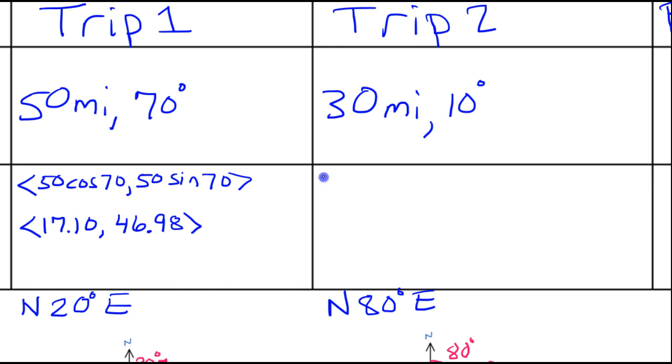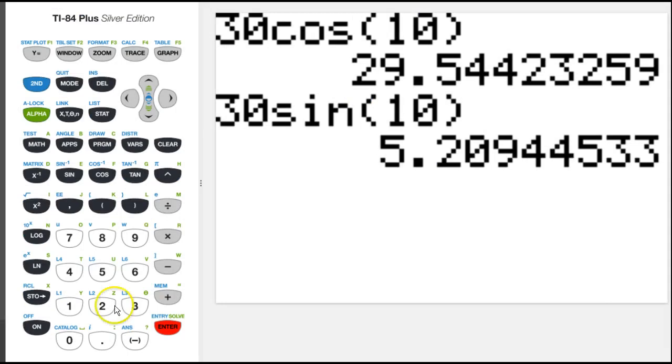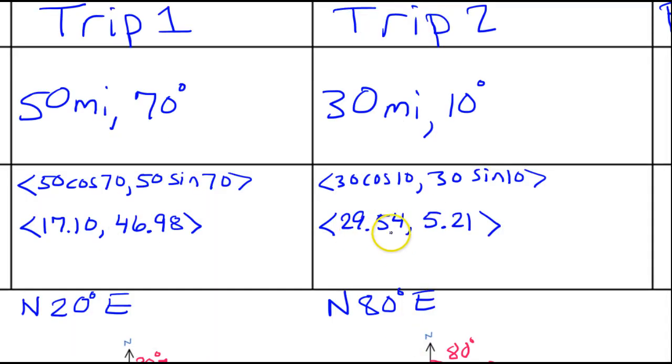Now for trip 2, r cosine theta is 30 cosine 10. r sine theta is 30 sine 10. Calculator again. The horizontal component is 29.54 and the vertical component is 5.21. And we'll record that right here on the chart.